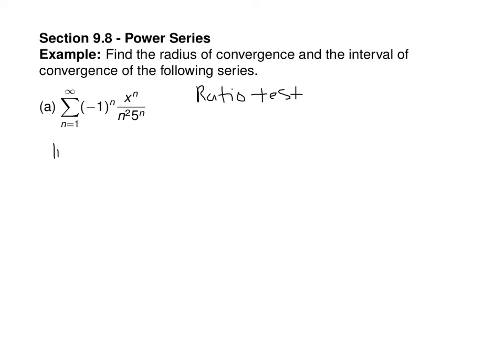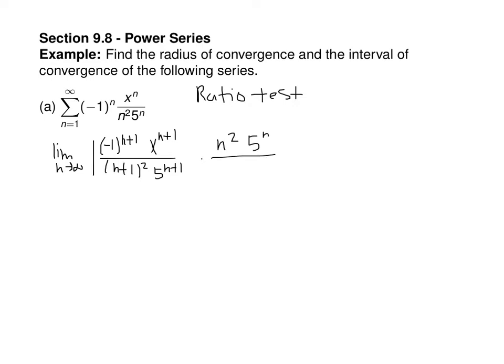So we'll find the limit as n goes to infinity of negative 1 to the n plus first, x to the n plus first, over n plus 1 quantity squared, 5 to the n plus 1, multiplied by n squared, 5 to the n, over negative 1 to the n, x to the n.